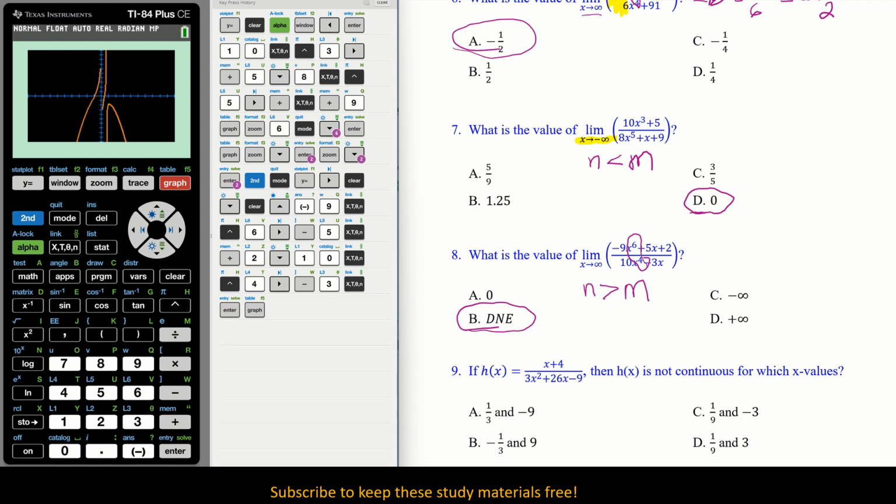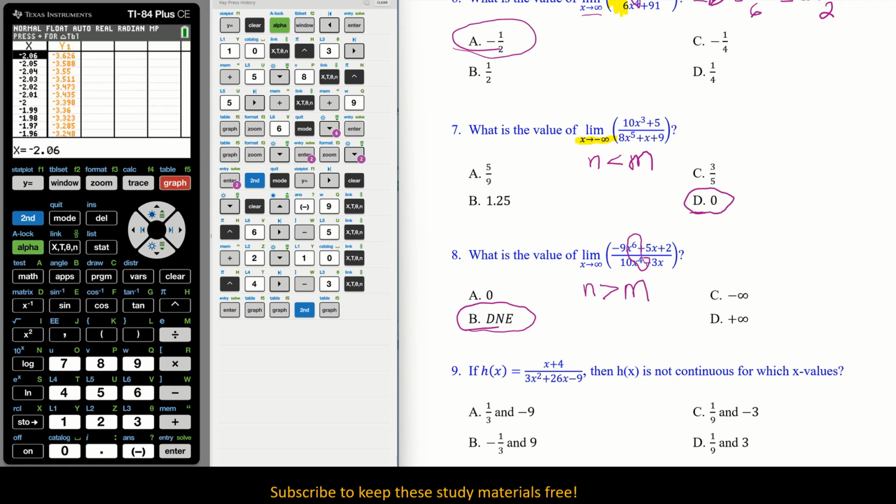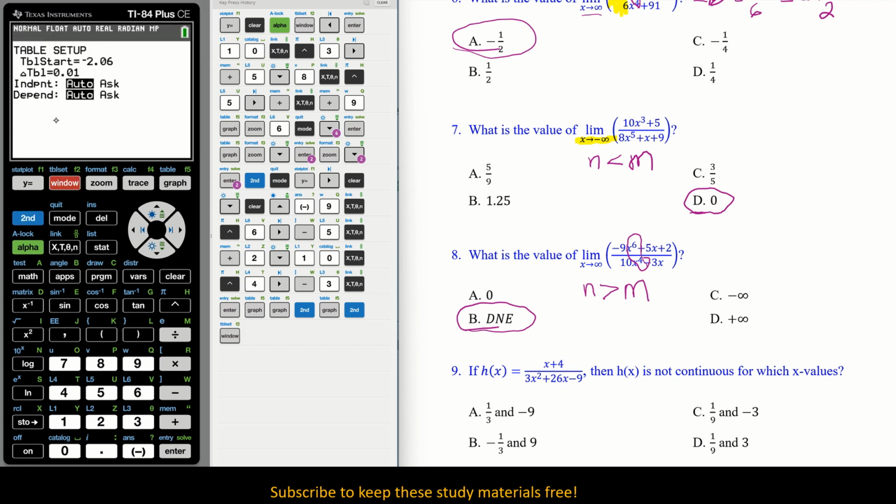Ooh, okay. Yes, definitely. The limit does not exist. I see a lot of things going on. Let's go second graph, so I can get the table. And we can reset second window table set. Let's get this back to, let's try 1 and let's go to 0. Okay.